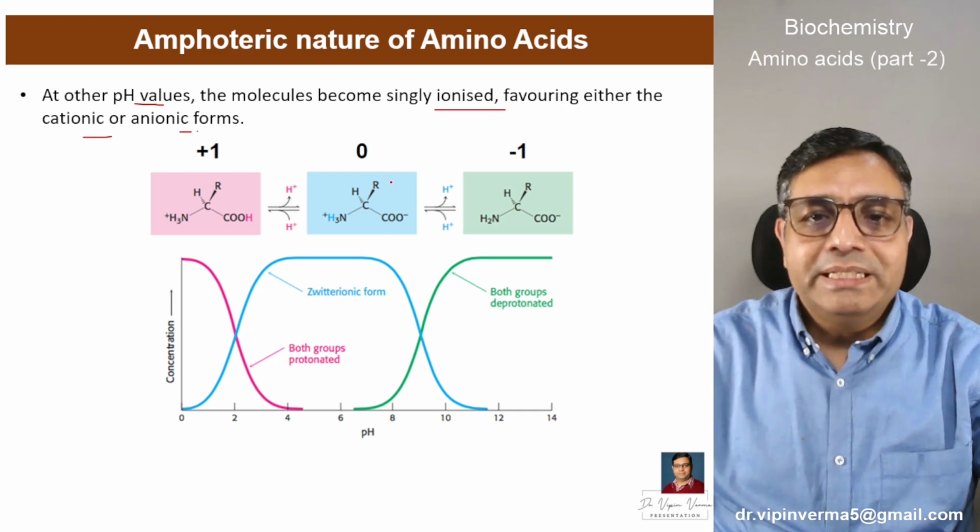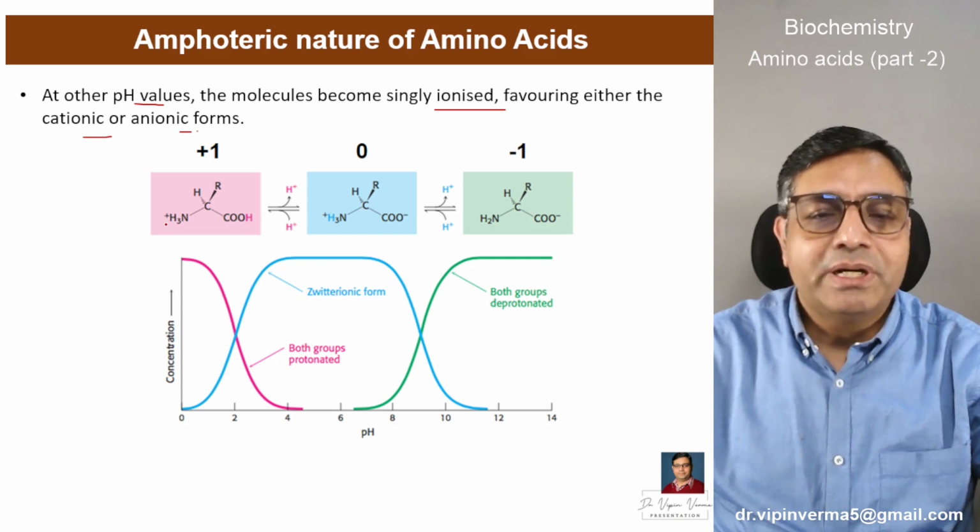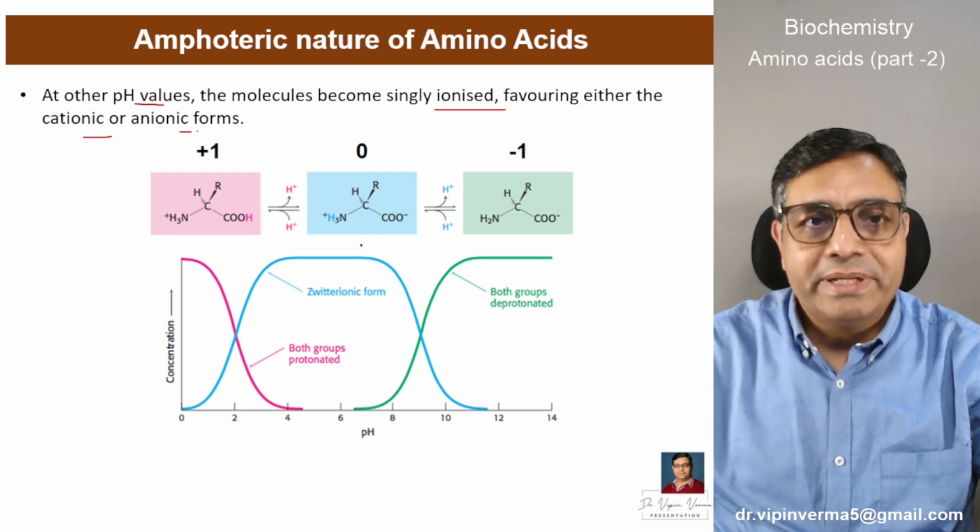So here you can see this is where the zwitterion was seen, one negative and one positive charge. So the net charge was 0. But if you forget this particular pH and you talk about lower pH or higher pH, here you will see that the moiety is either negatively charged or positively charged, but not both charges present like in case of this particular pH.